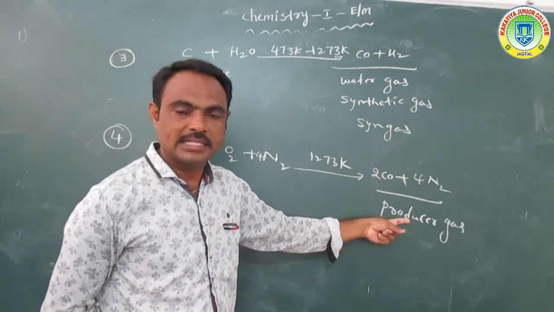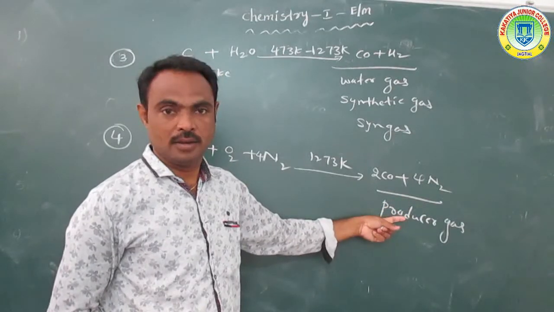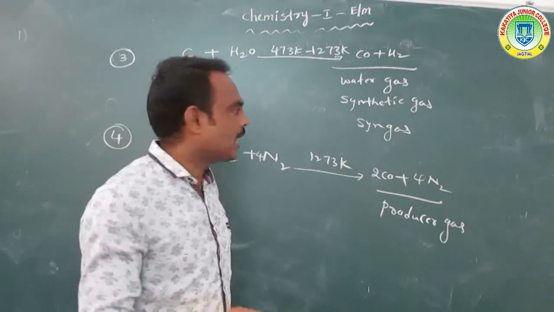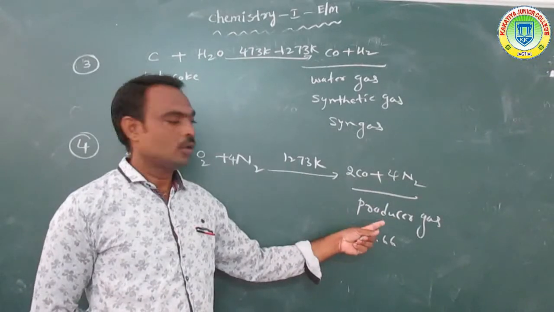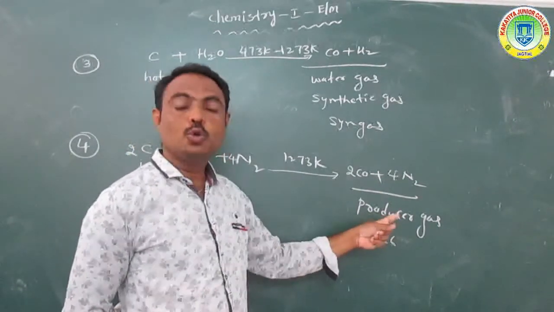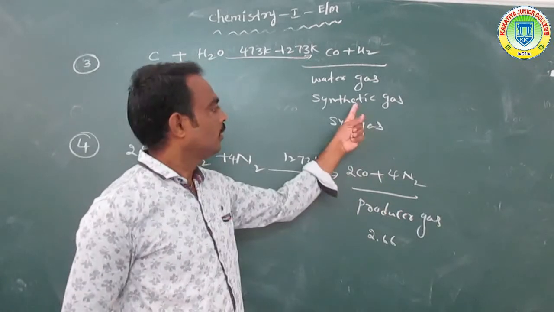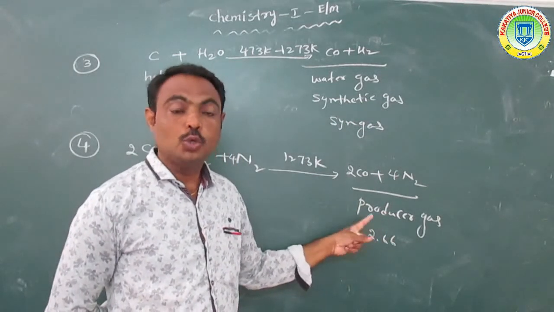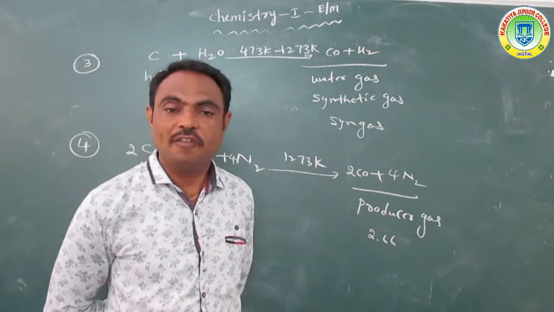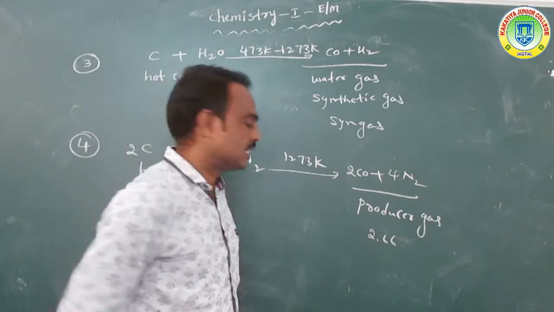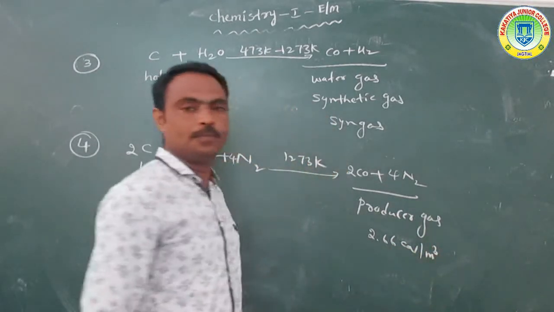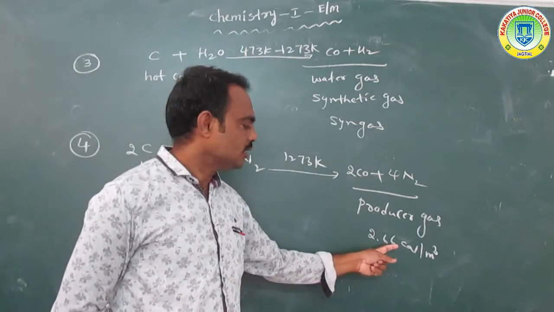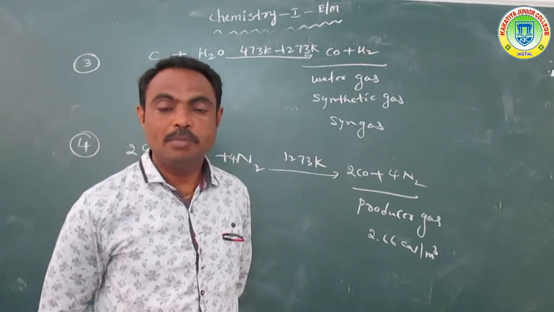Producer gas is a highly efficient fuel because when we burn producer gas, it gives a very high calorific value. How much? 2.66 calorie per meter cube.